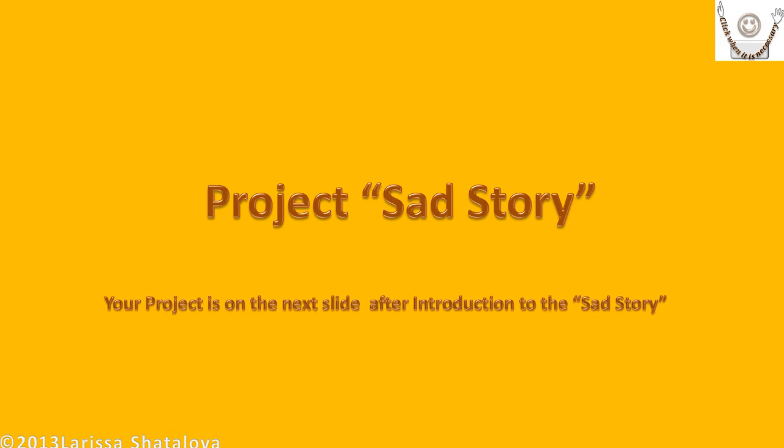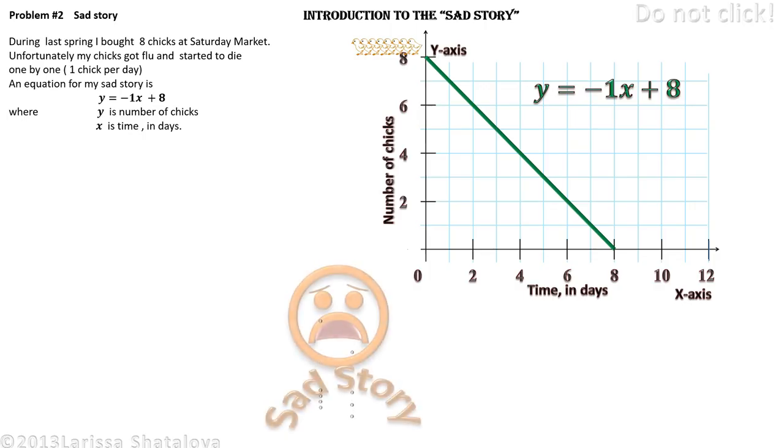Your project is on the next slide after the introduction to the sad story. Last spring, I bought 8 chicks at the Saturday market. Unfortunately, my chicks got the flu and started to die one by one, 1 chick per day. An equation for my sad story is y equals negative 1x plus 8, where y is the number of chicks and x is time in days.